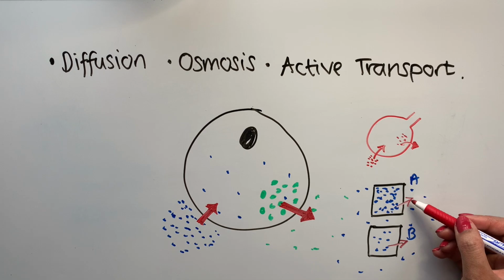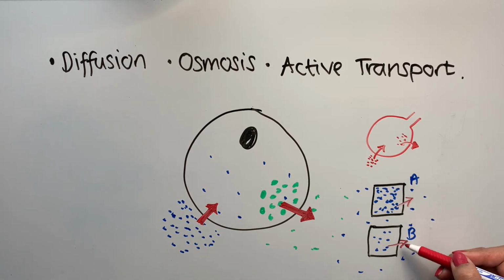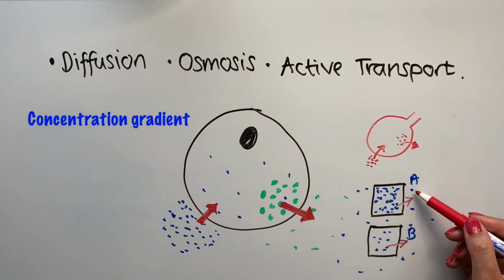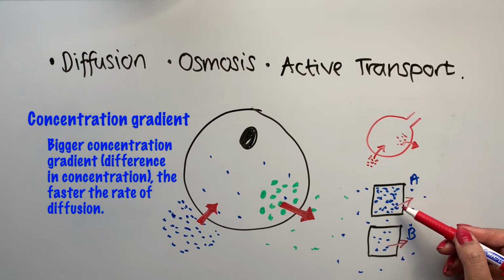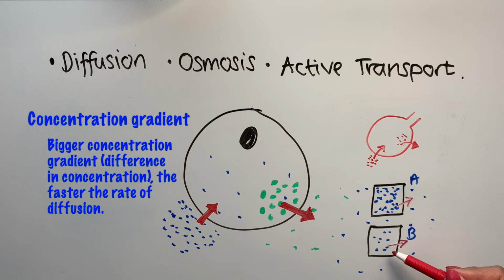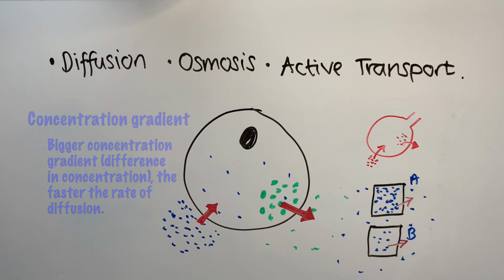However, A will diffuse much faster than B because the difference in the concentration gradient of A is much greater than the difference in B. So the bigger the difference in the concentration gradients, the faster the diffusion.